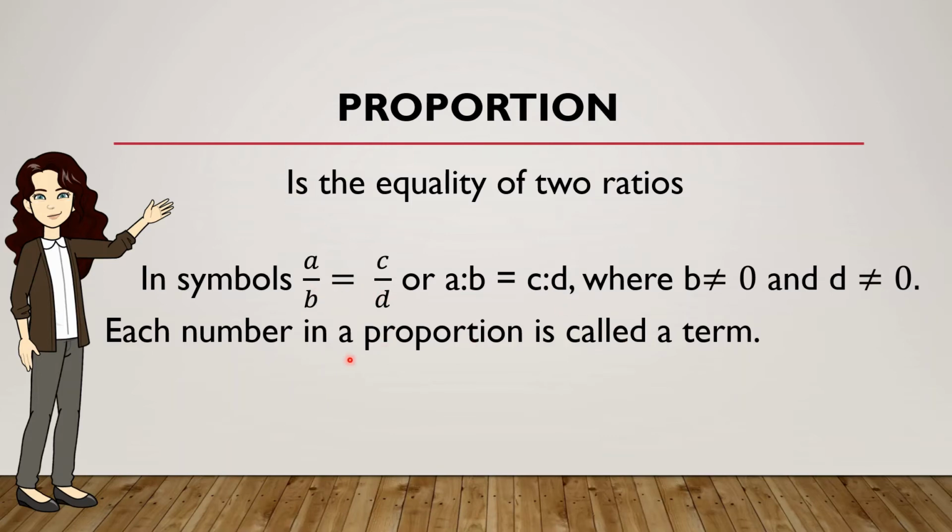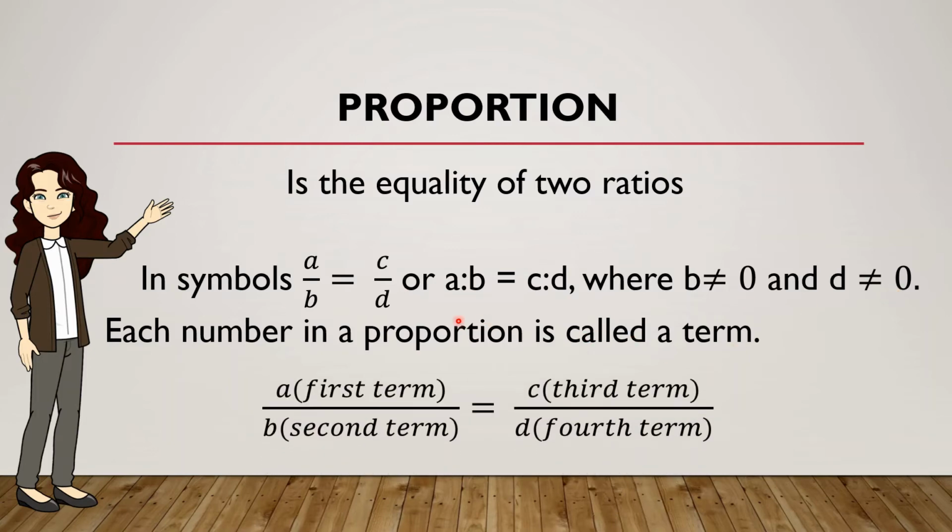Each number in a proportion is called a term. A is the first term, B is the second term, C is the third term, and D is the fourth term.